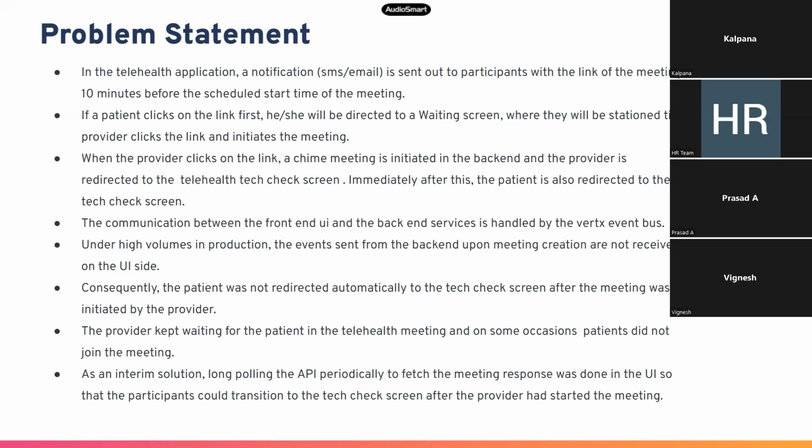That was something we had to look into, and we carried on with this as an interim solution. But after we implemented it, we were able to have a better user experience. The patient was able to automatically transition from the waiting page to the tech check screen.